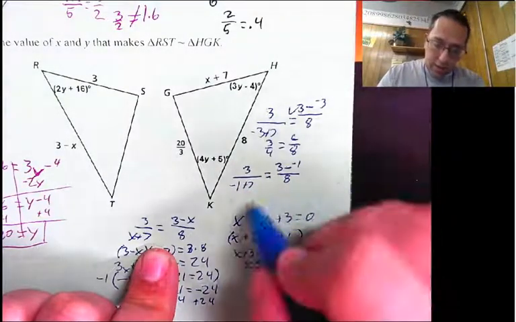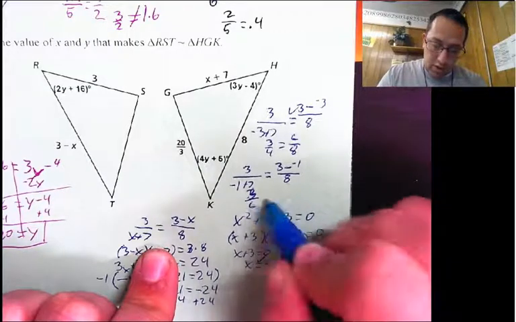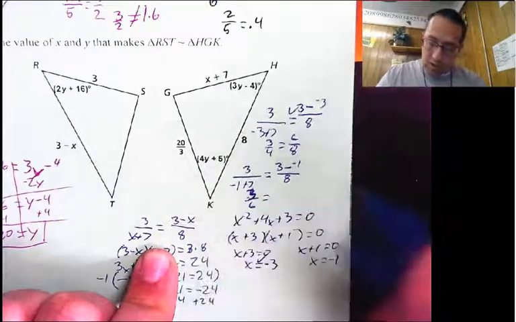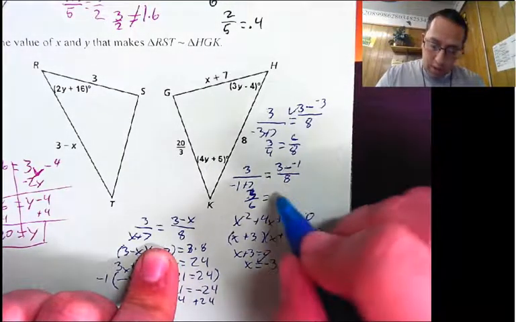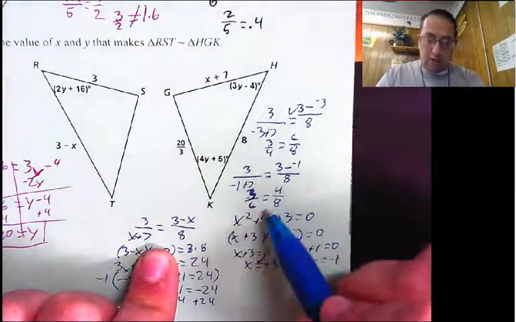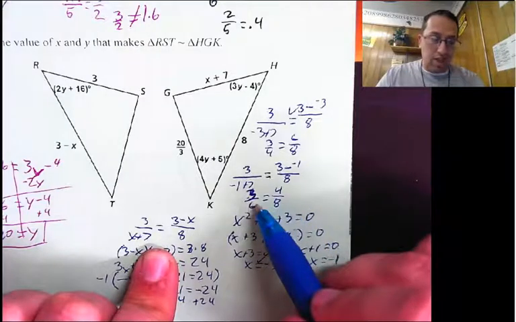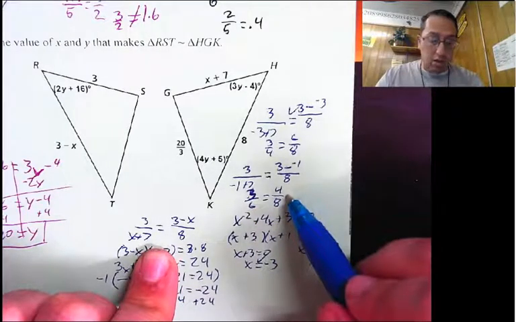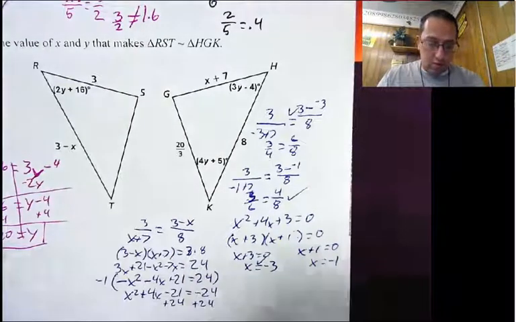Negative 1 plus 7 is 6, so this is 3 over 6, which equals, let's see, 3 minus a negative, so 3 plus 1, so that would be 4 over 8. Does 3 over 6 equal 4 over 8? Well, 3/6, that's 1/2. 4/8 is also 1/2, so this one also checks out. That one's good. So this works as well.